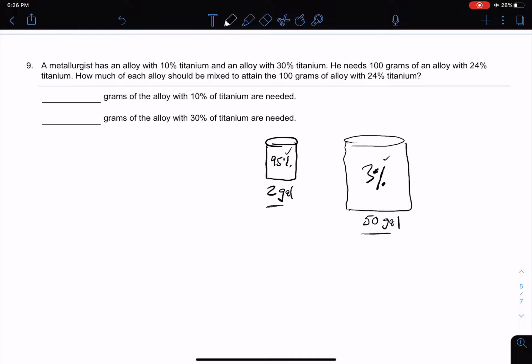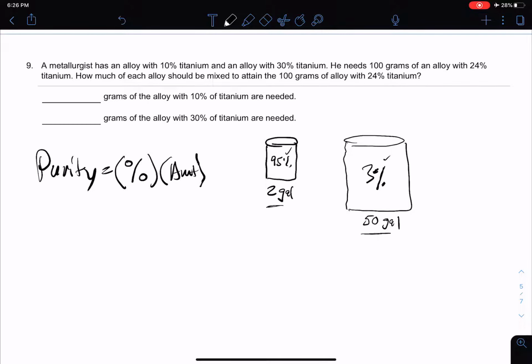And so the clue or the key to this is figuring out its purity, is the way some books call it. How much pure apple juice is in each container? And you can figure that out by multiplying the percent times the amount. That is a key thing to remember when you're talking about mixture problems.